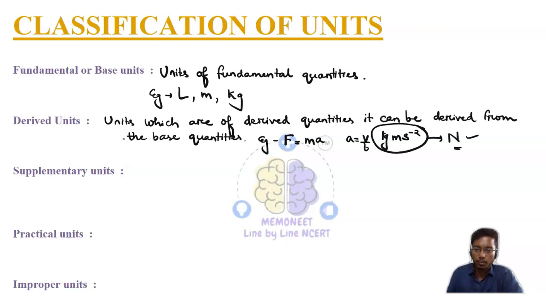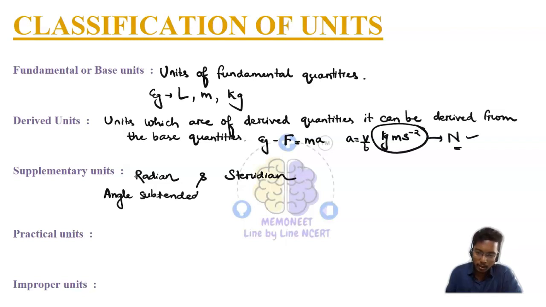Then supplementary units. There are two supplementary units in our SI system, that is radian and steradian. So what is radian? Radian is the angle subtended by an arc at its center.